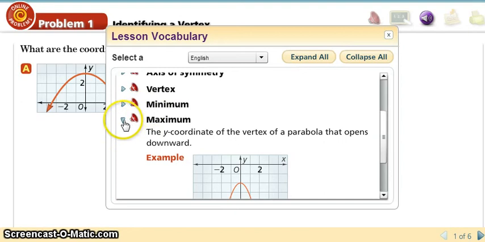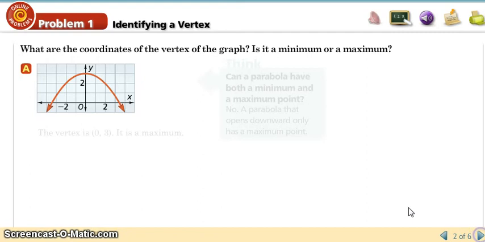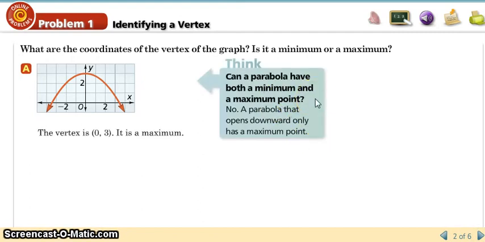So we're going to look at these definitions here in problem 1. This first picture, we've got to determine what are the coordinates of the vertex and determine if it's a minimum or a maximum. And this is probably fairly simple, but you're looking for either the highest point of the graph or the lowest point. Now, one question you can ask yourself is, can a parabola have both a minimum and a maximum point?